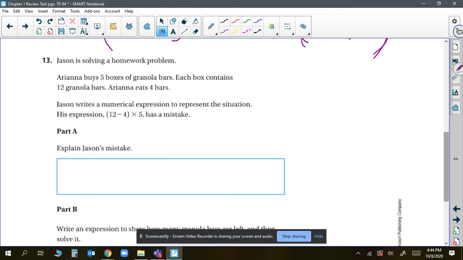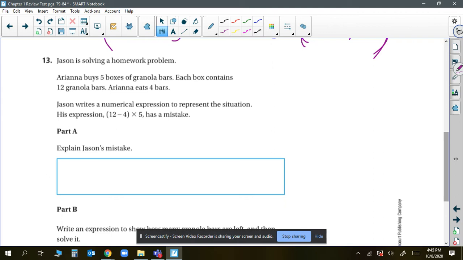13, Jason is solving a homework problem. Ariana buys 5 boxes of granola bars. Each box contains 12 granola bars. Ariana eats 4 bars. Jason writes a numerical expression to represent the situation. His expression was the difference between 12 and 4 times 5, which has a mistake.